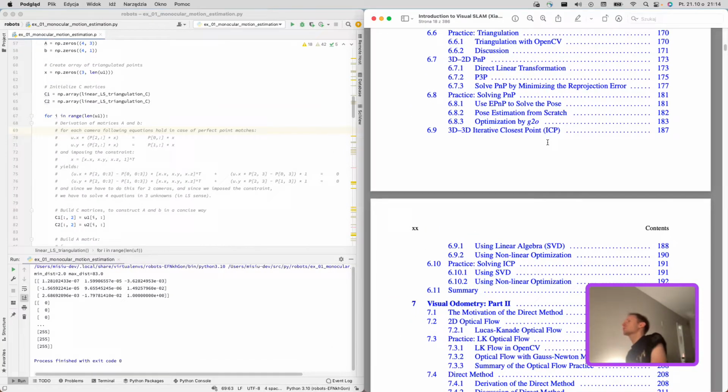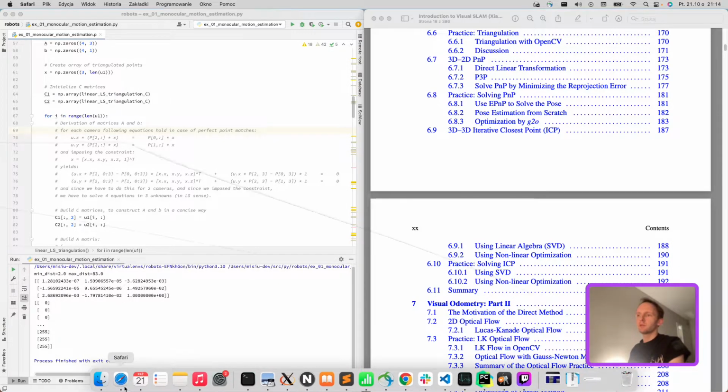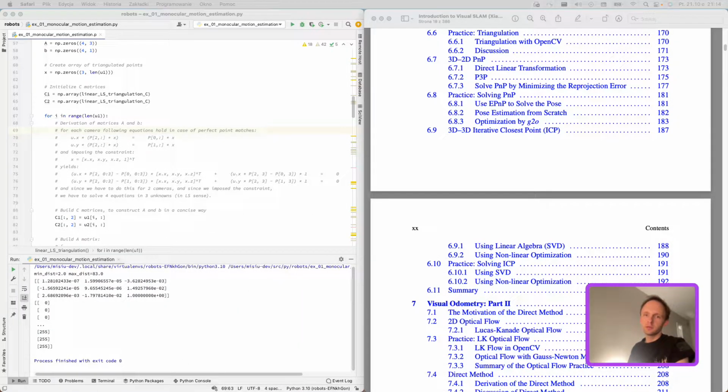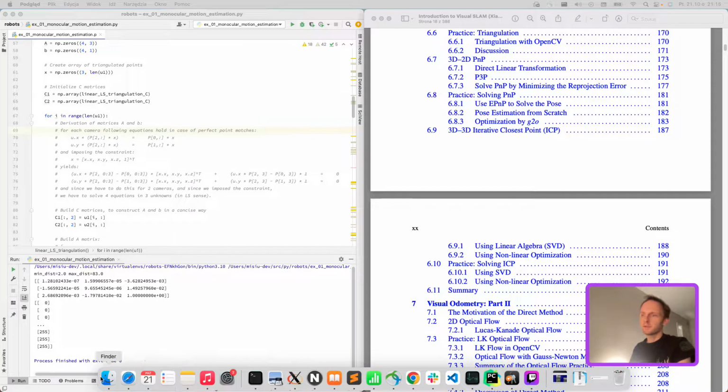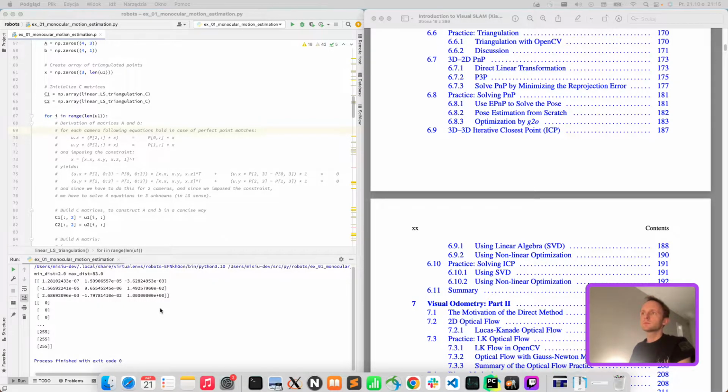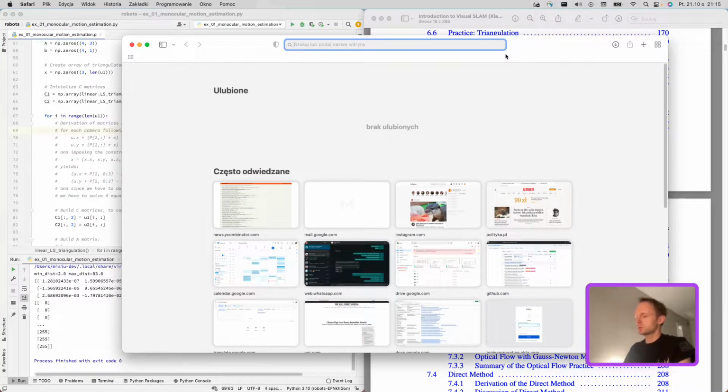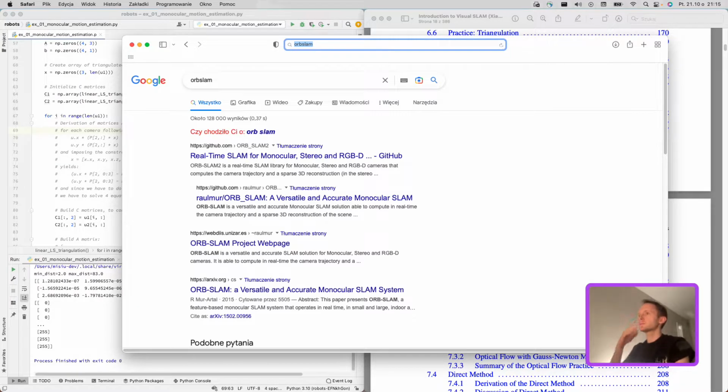I wonder what the front end of VSLAM is. Let's just look for it. Let us just have a small look at VSLAM.